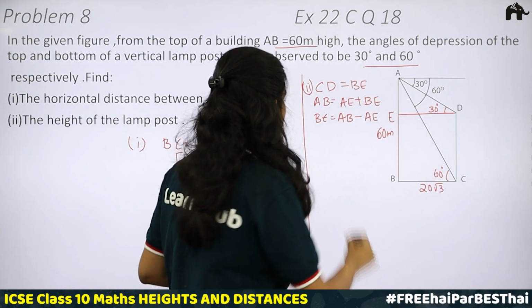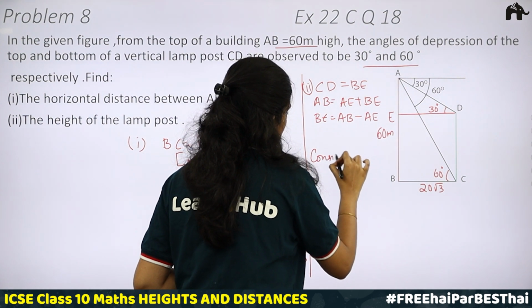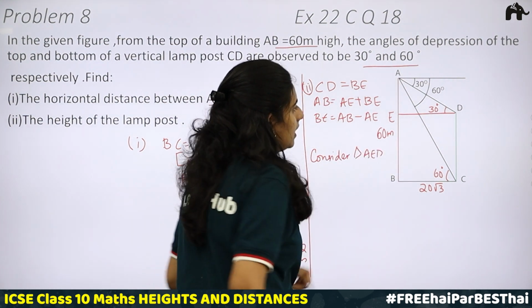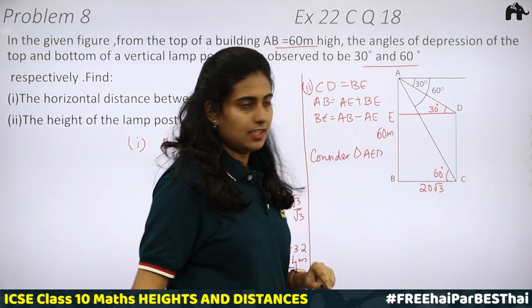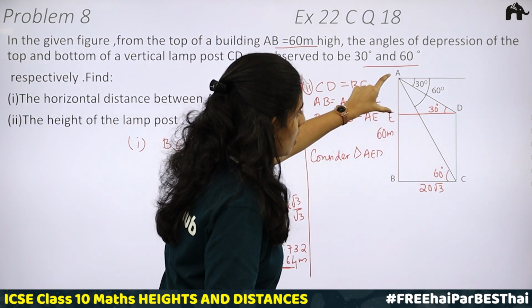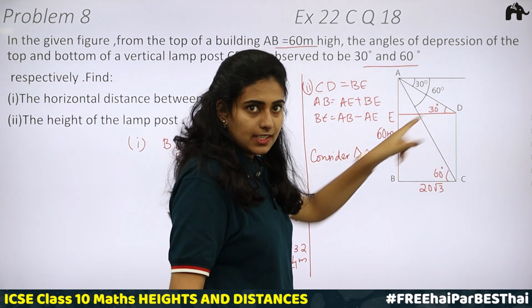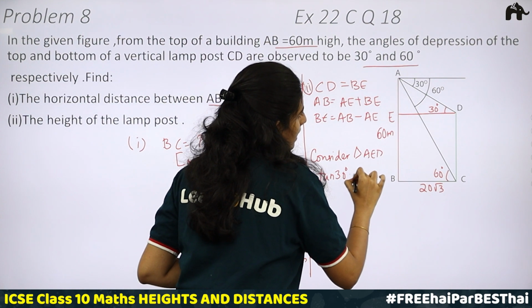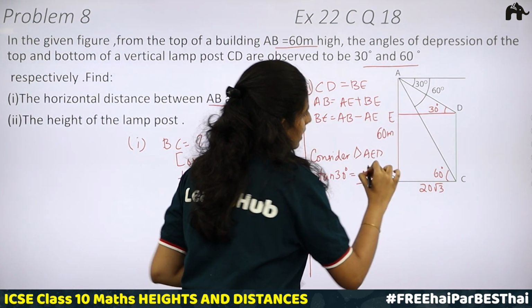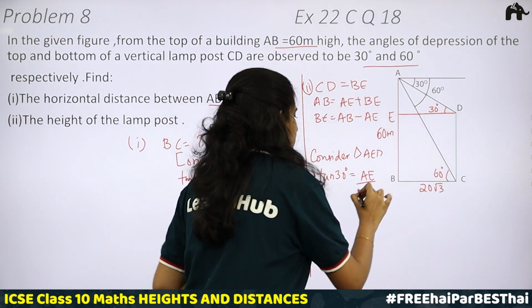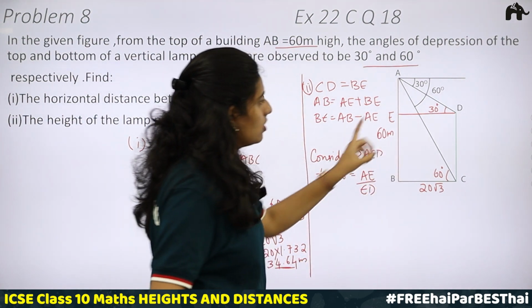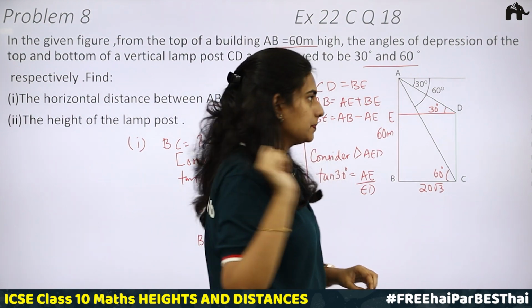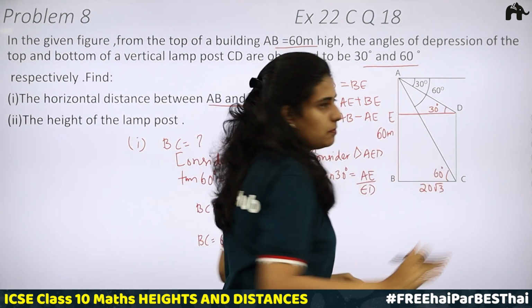To get AE, consider triangle AED. Here AE is the opposite side of angle 30 degree. Let us take tan 30 degree. Tan 30 degree will be equal to AE divided by adjacent side ED. What is ED? We have ED is equal to BC.